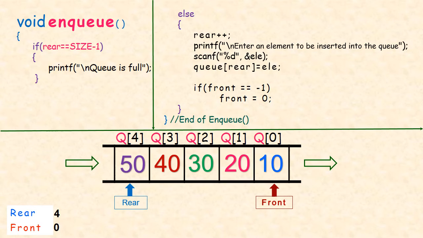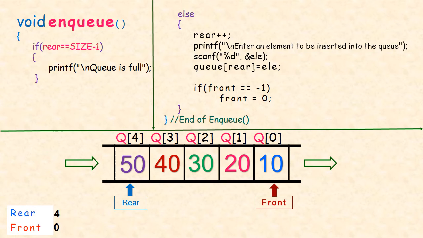Now what did you observe here? All the 5 positions of the queue were filled, meaning the queue is now full, because I assumed the size of the queue as 5. So the total number of elements already fit into the queue. If I attempt to do the NQ operation one more time, what will happen? There is no space, so see this if block now.